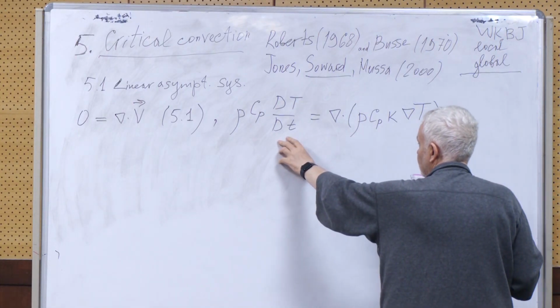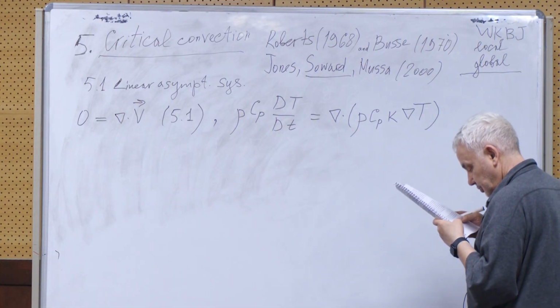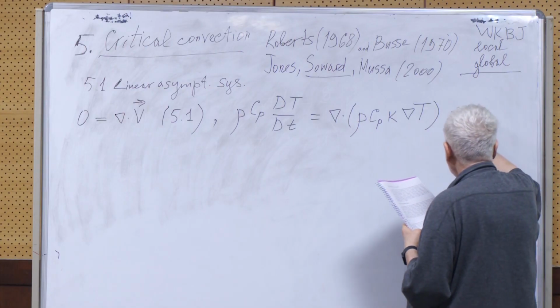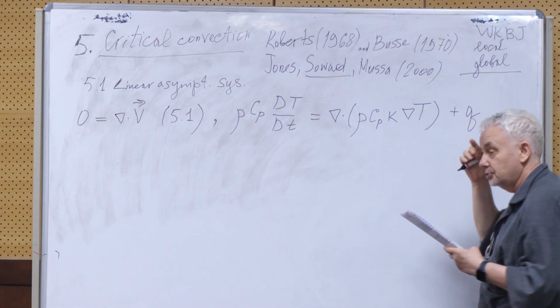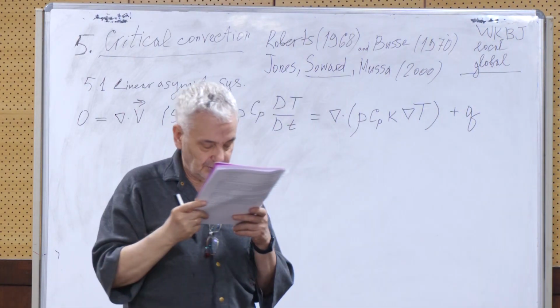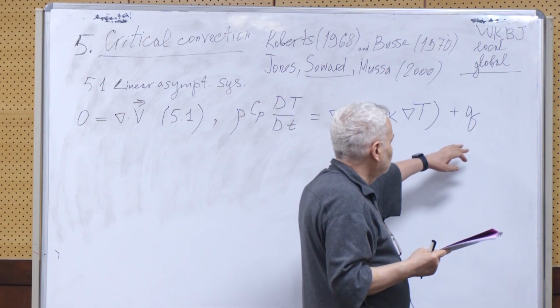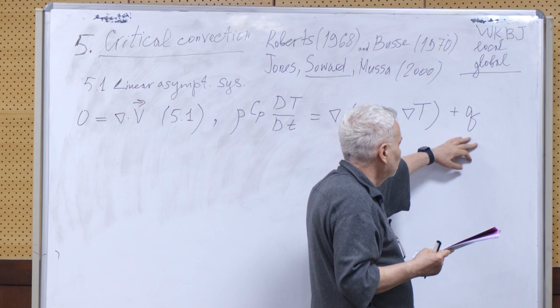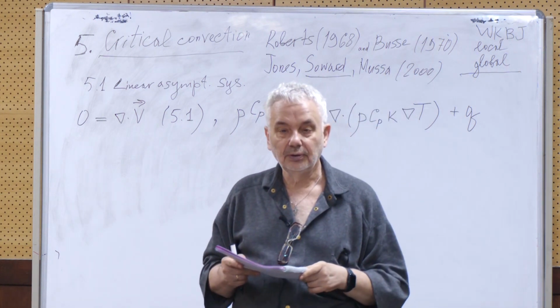This is the Euler-type substantial derivative contribution, and it is quite possible that there are internal heat sources, and they can be written in such a form. Let me stress that it's not heat flux directly, but heat flux per square meter, per area.